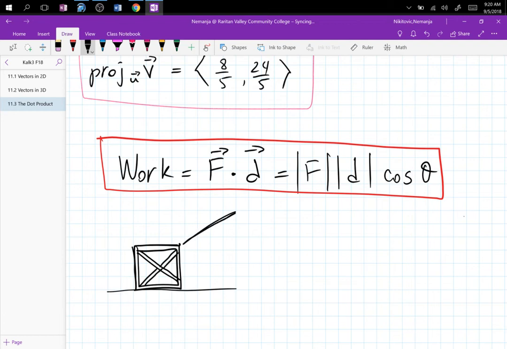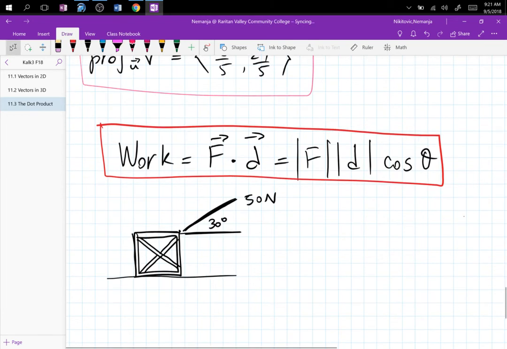So as we push at an angle of, let's say, 30 degrees with a force of 50 newtons, and let's say we push the whole thing 3 meters.